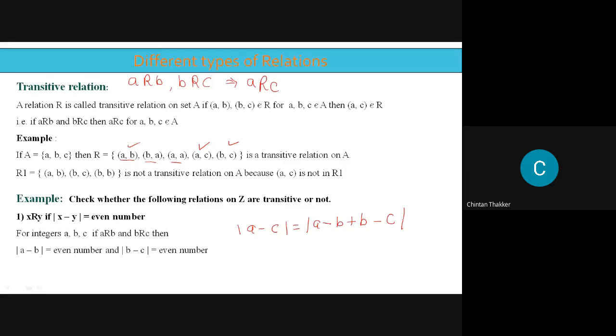So we are not changing the value of A minus C. We just subtract B and we add B. Okay. Now here, this is equal to, we can write, A minus B plus B minus C. Okay, we can write this one because all are integers.